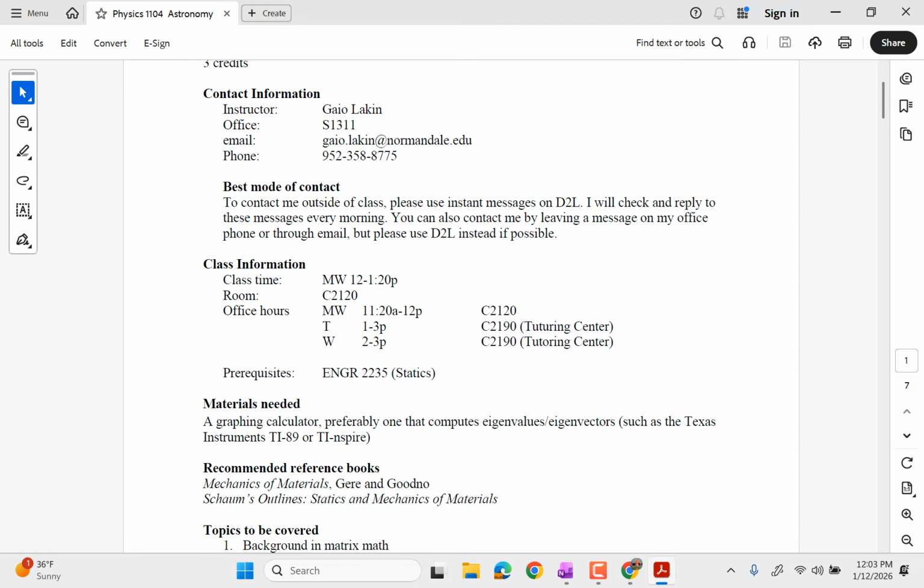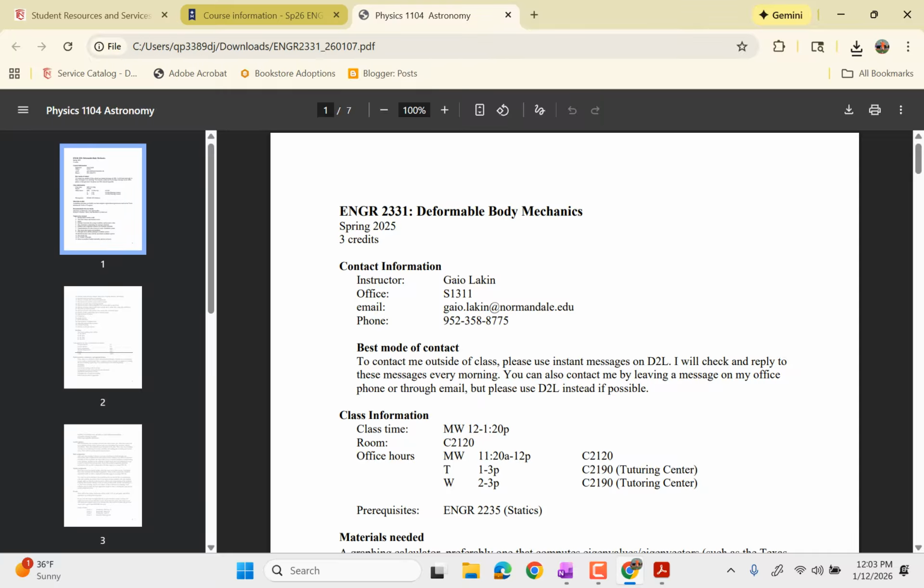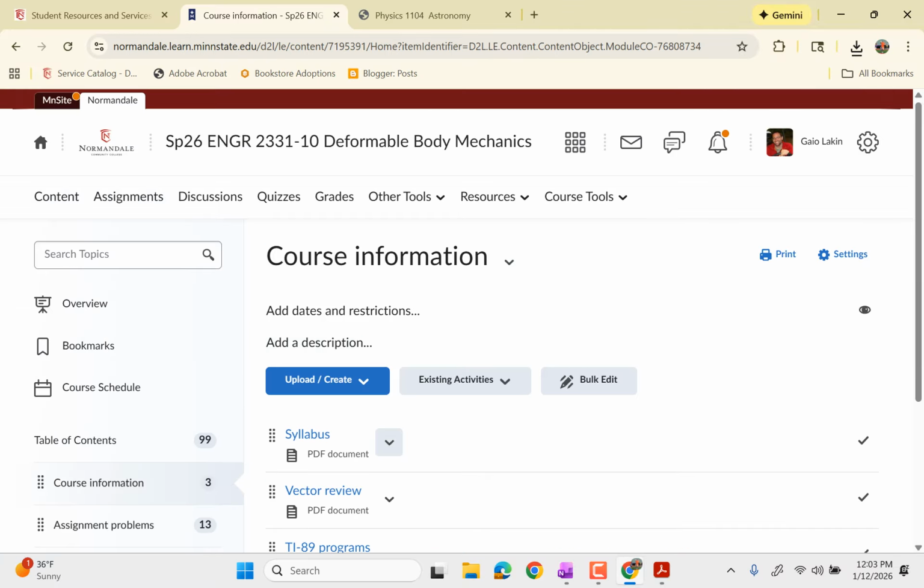The best way to get a hold of me is to use the instant messenger on D2L. You also can use email. It's just sometimes harder for me to keep that organized. A bunch of emails will come in and then I'll lose track, and sometimes I forget to email people back.